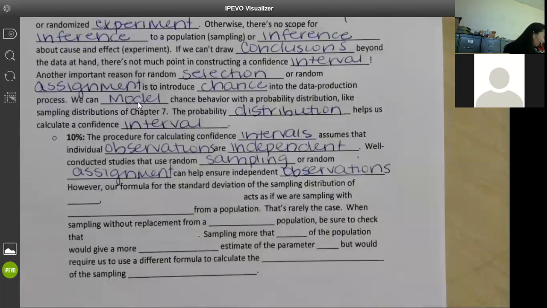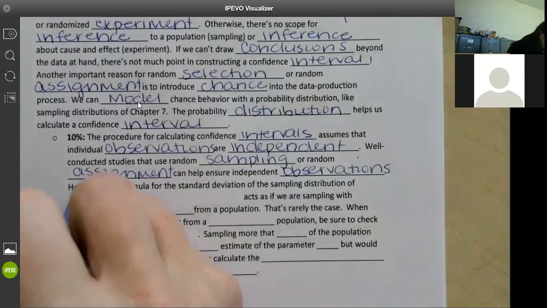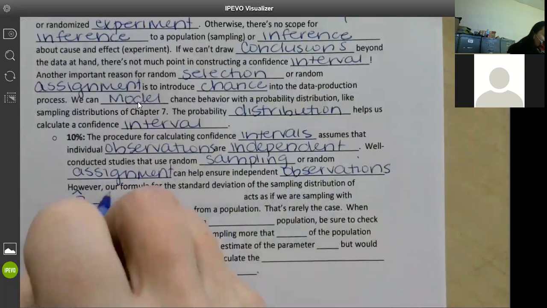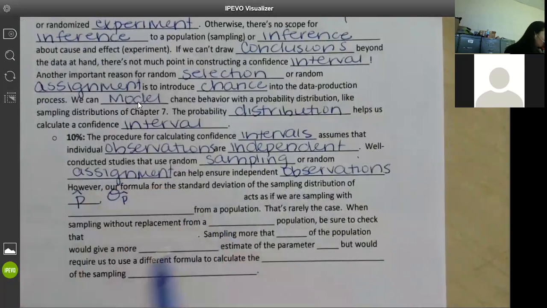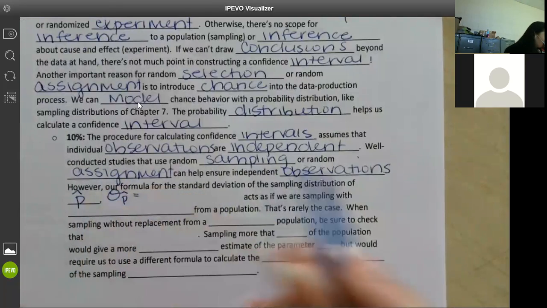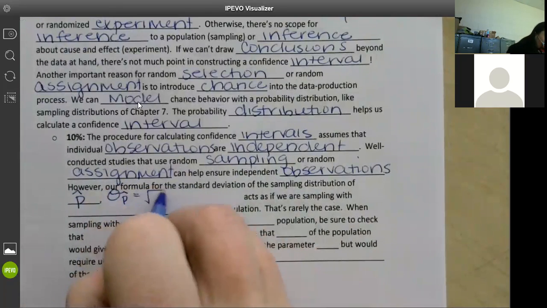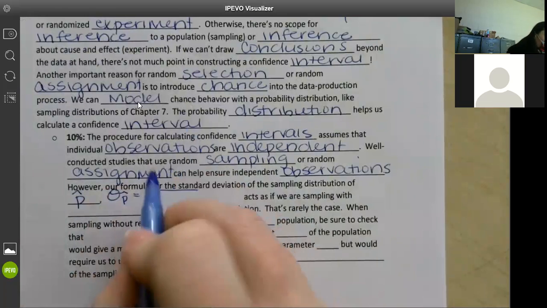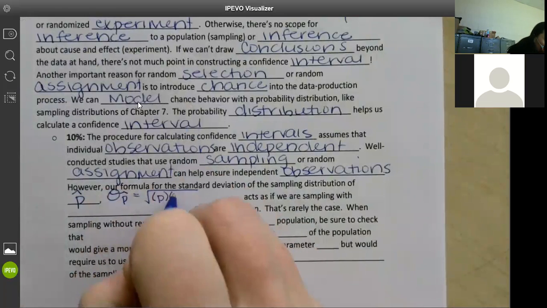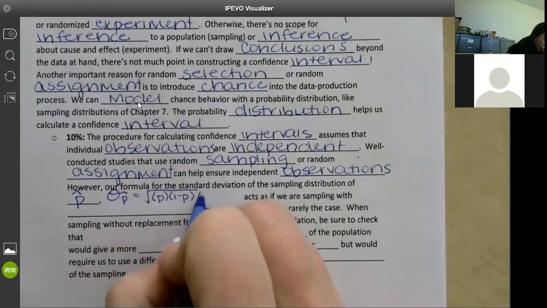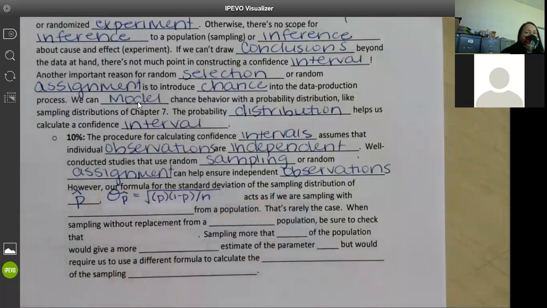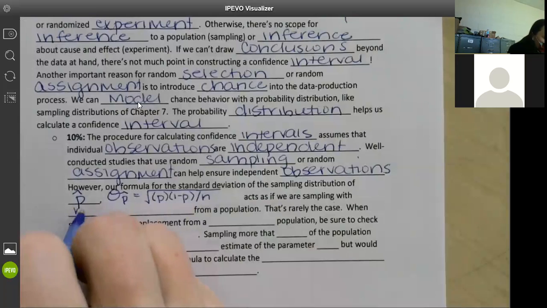However, our formula for the standard deviation of the sampling distribution of p hat, which we know from last unit, is the square root of p(1 minus p) over n, and it acts as if we are sampling with replacement from a population.